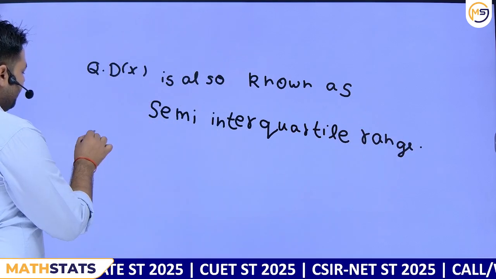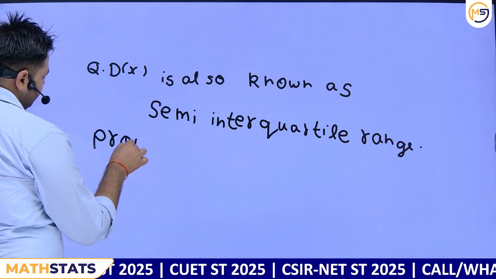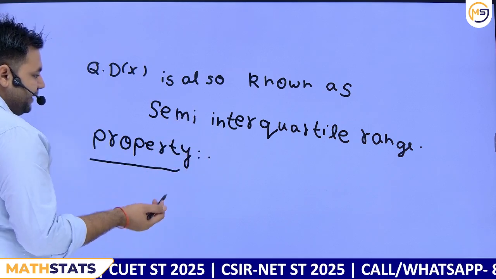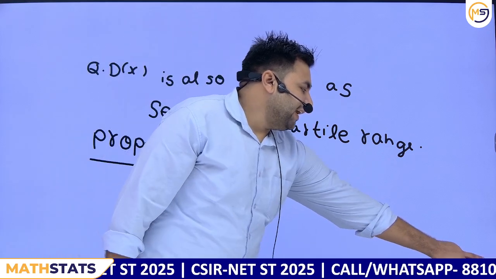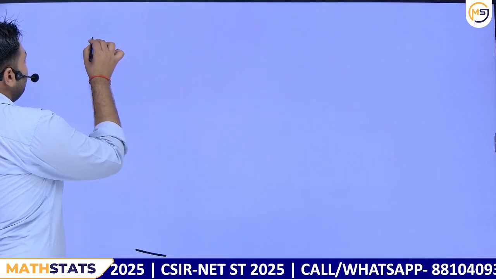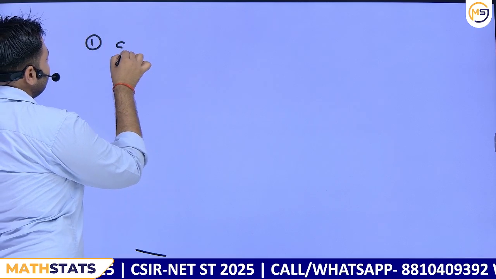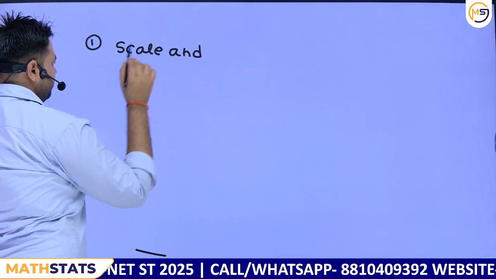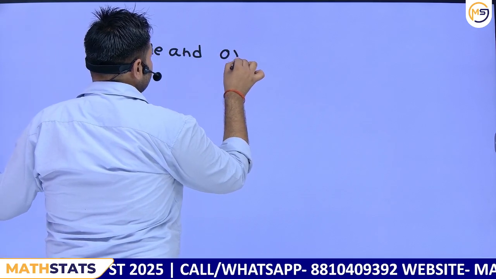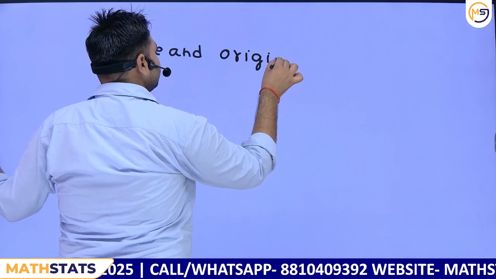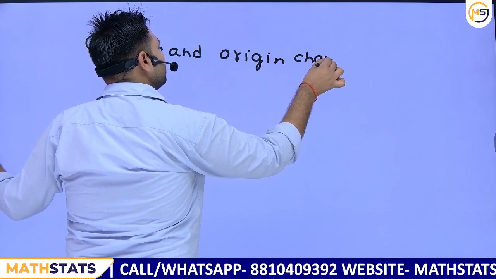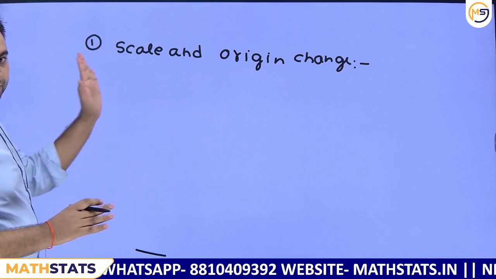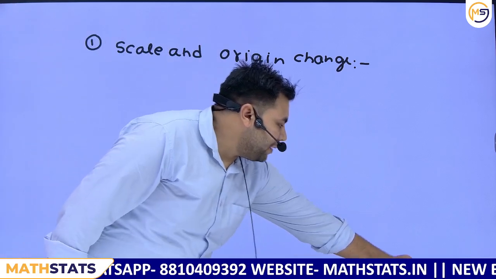So now we are talking about properties of quartile deviation. The first property is scale and origin change. अगर किसी को कोई प्रॉब्लम हो इन फार्मूले में तो पूछ सकता है.